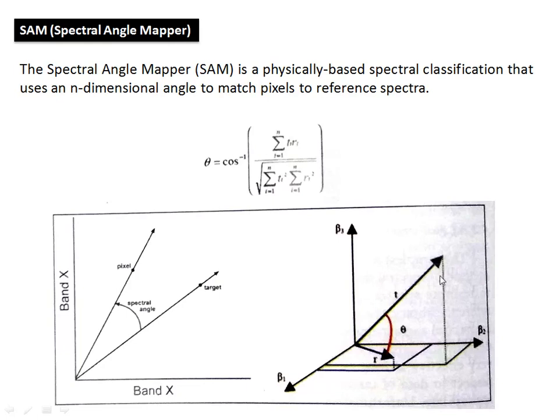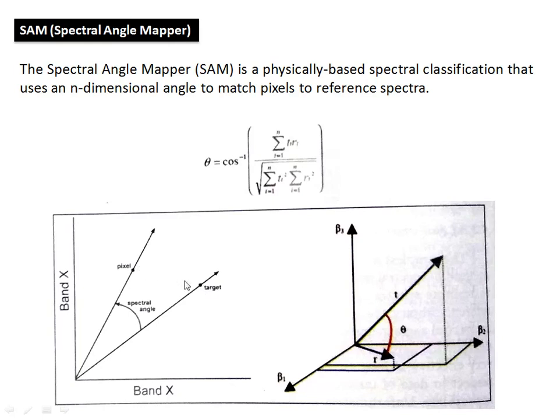So here, suppose this is a band, this is another band, this is y and this is x. So this is the n-dimensional feature space, and here two spectra will be matched.